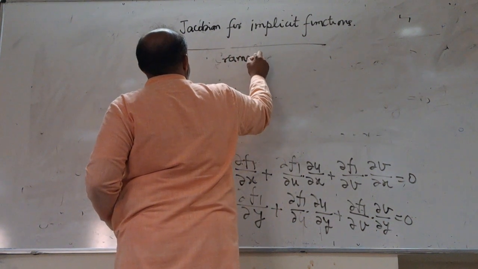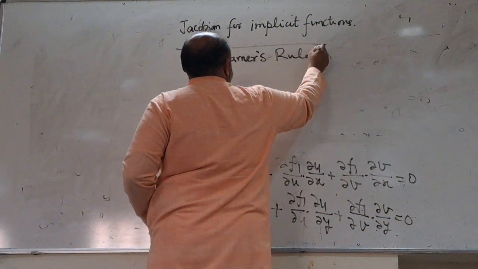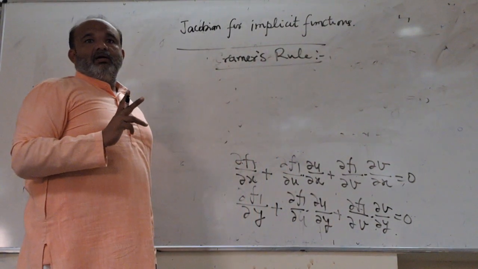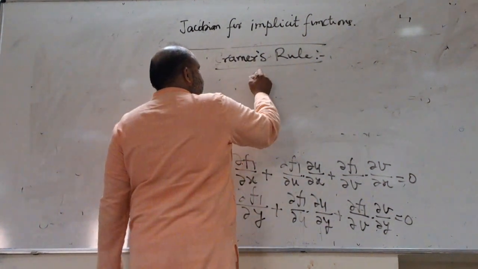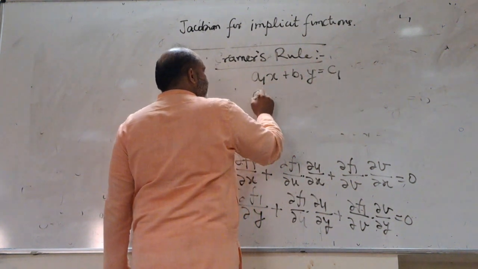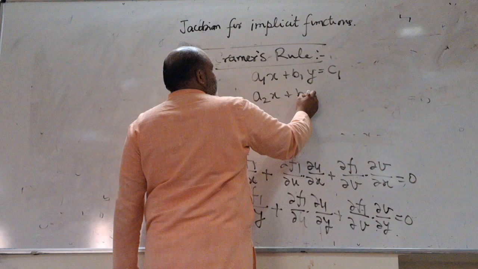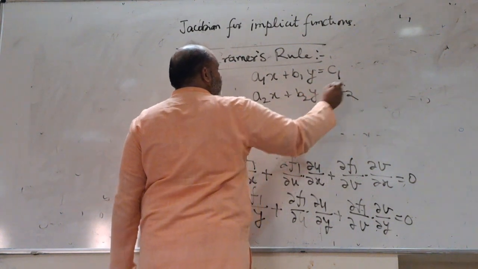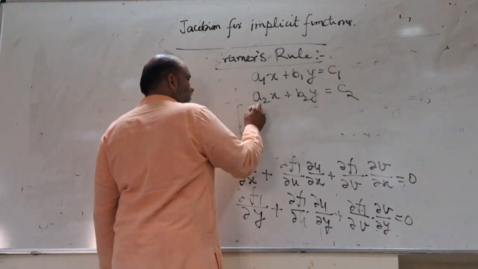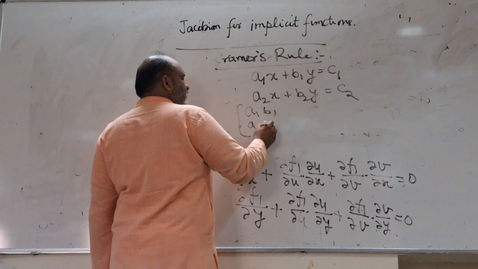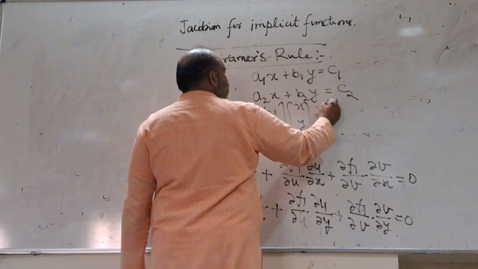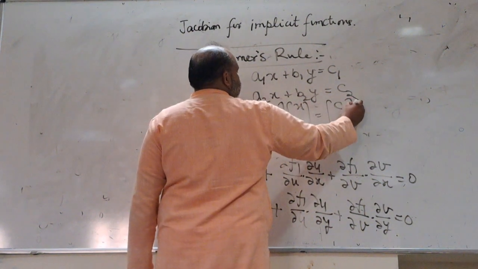What is Cramer's rule? Let me say, if I am having 2 linear equations, that is a1x plus b1y is equal to c1, a2x plus b2y is equal to c2. So in matrix form, I may write it as the matrix a1, b1, a2, b2 into x, y is equal to c1 and c2.